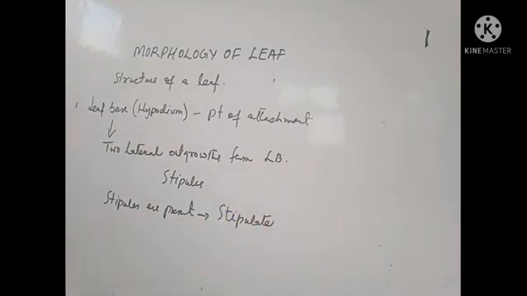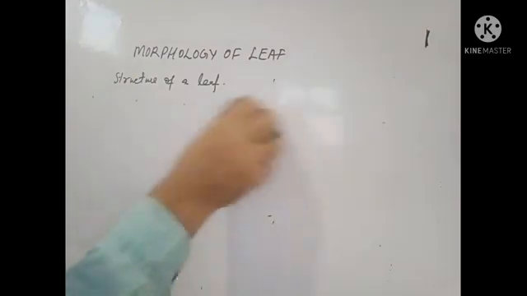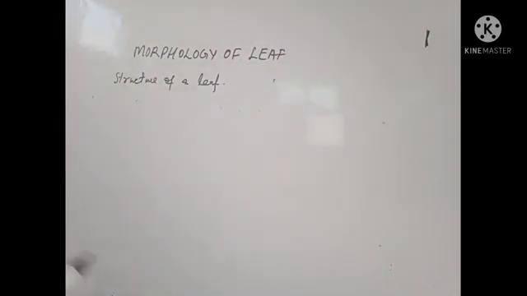And when these stipules are absent, we call it as exstipulate. So we have seen what is leaf base and what are its modifications. Now we will see what is a petiole. Number second, petiole.